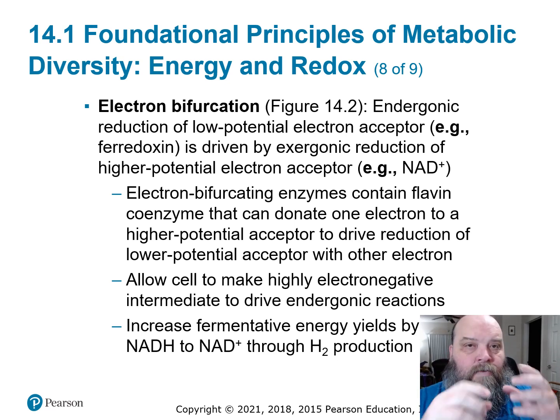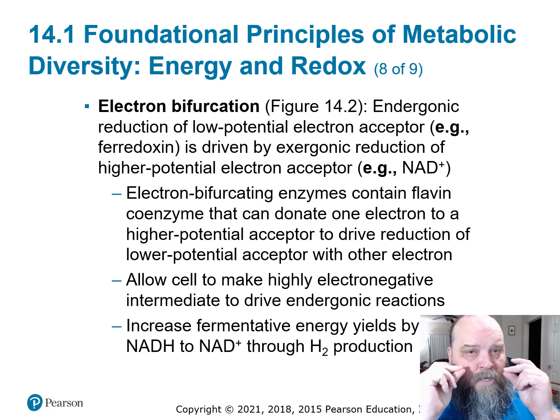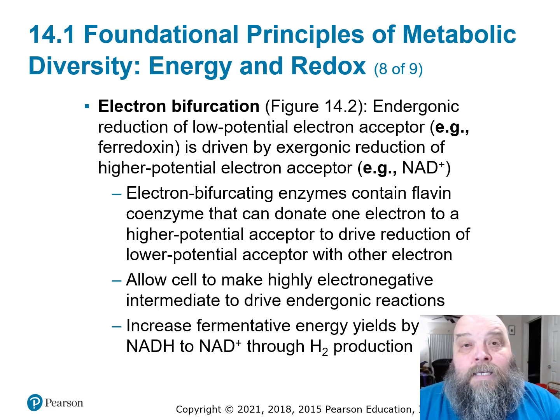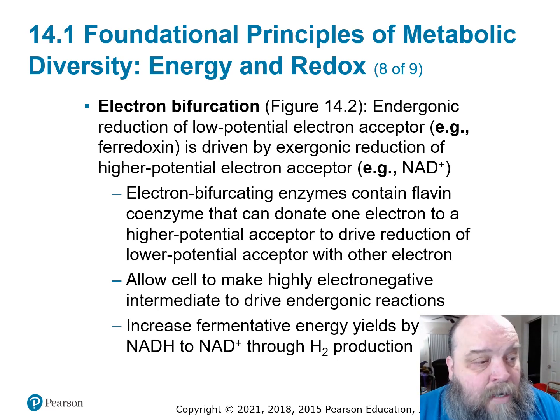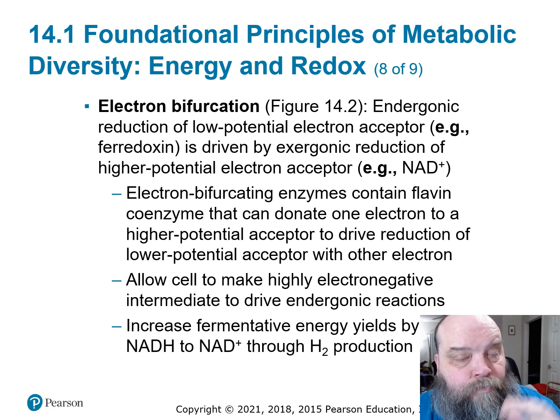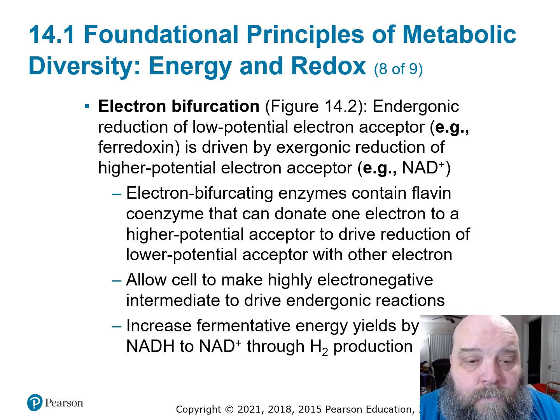As it's there, the substrate's being broken down, it's an exergonic reaction. Well, during that exergonic reaction, the flavin is going to release an electron, an electron that may or may not be in a very high energy state, which will then be transferred over to something else. Ferredoxin or NAD, FAD, whatever.